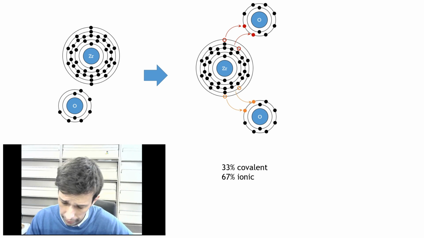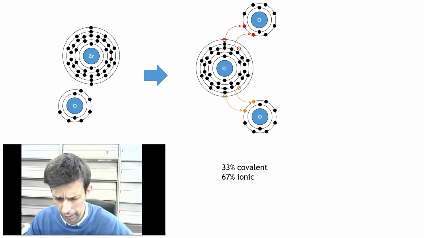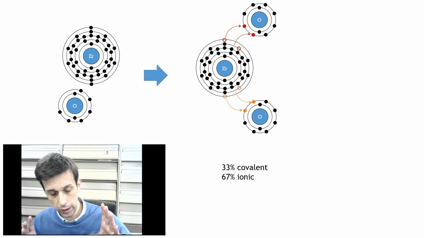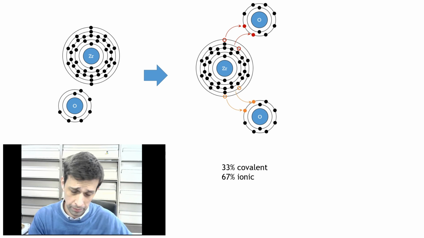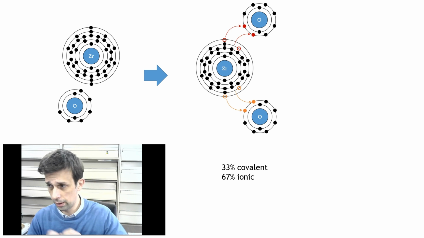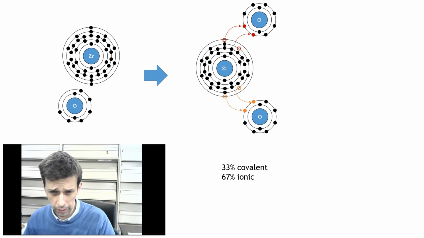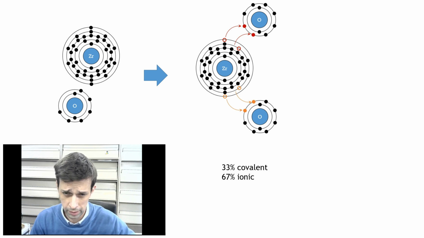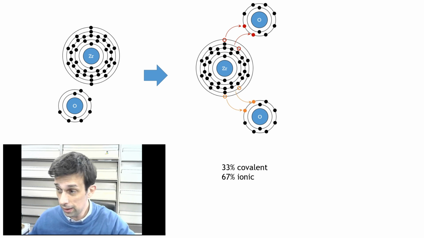Again, why? Everything sounded so nice, so clean. Well, because we humans like to put things in specific boxes. So we like to put everything in the box of ionic bonds, in the box of covalent bonds, in the box of metallic bonds, and keep them separated as much as possible.